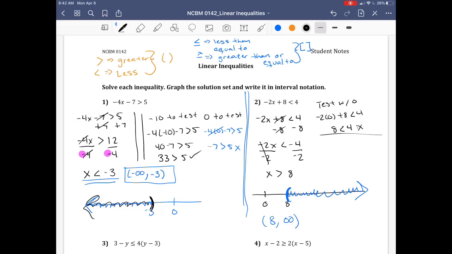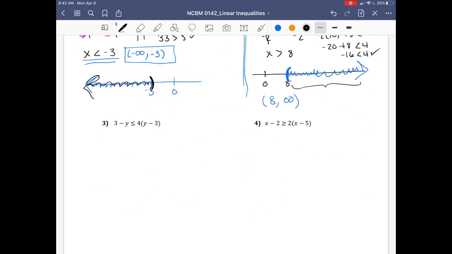Let's test with, let's say, 10. So I have negative 2 times 10 plus 8 less than 4. That gives negative 20 plus 8 less than 4. Negative 12 is less than 4. This is true, and that's why you shade towards the positive infinity side.